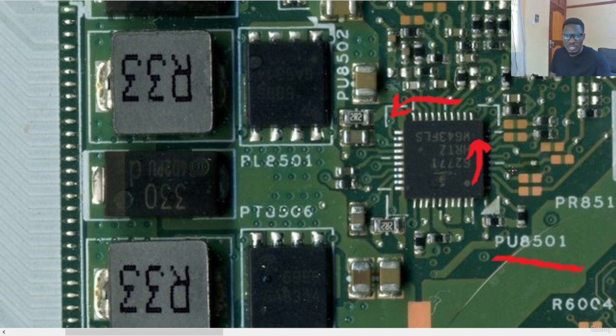Another thing that you have to look at is these white marks. These white marks indicate 5 pins. So this one stands for 5 pins, this stands for 10, this stands for 15, 20, 25, 30, 35, 40. So instead of counting each of them one by one, you can use those white marks. They will show you.